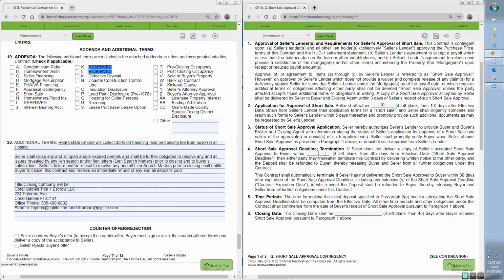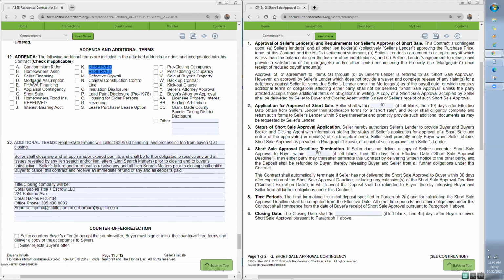We just haven't gotten the documentation because we haven't had any offers. But if they tell you we can get that approval in 60 days, we put 60 days here. And that means that the seller has 2 months to obtain the short sale approval from the bank. Okay, that being said, number 6 talks about the closing date.